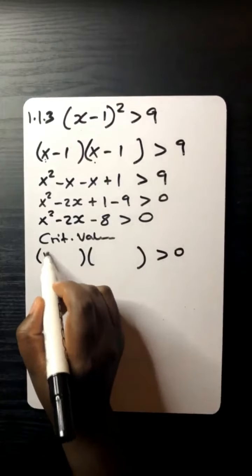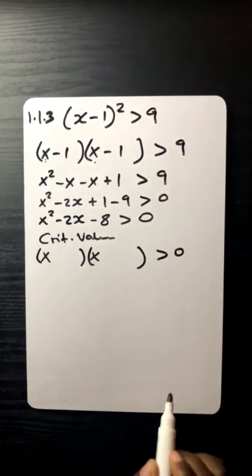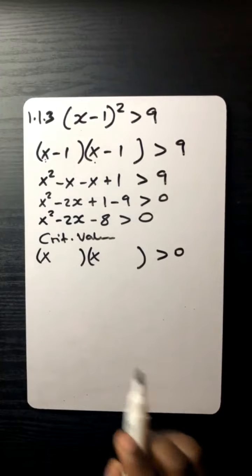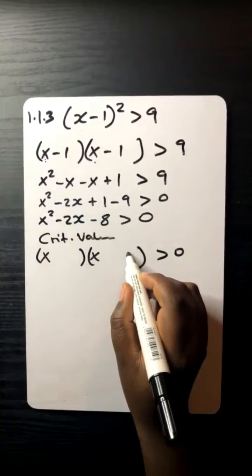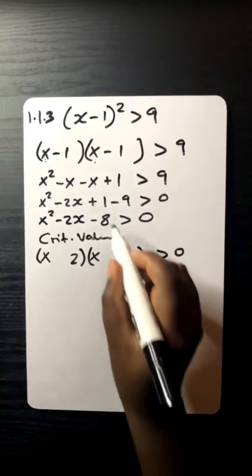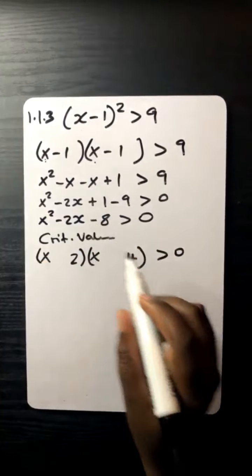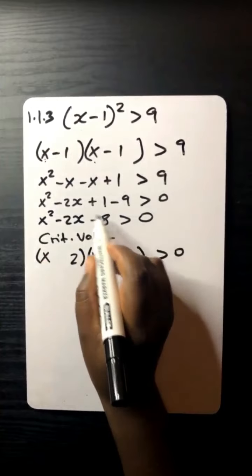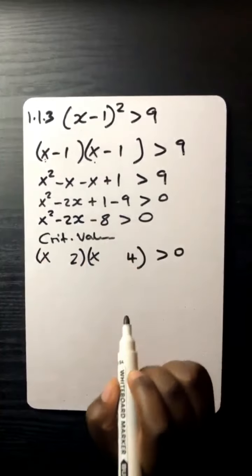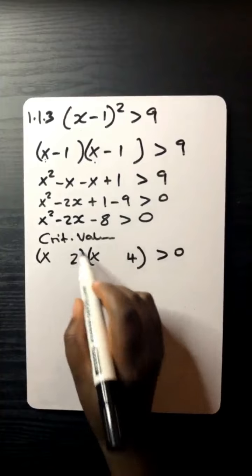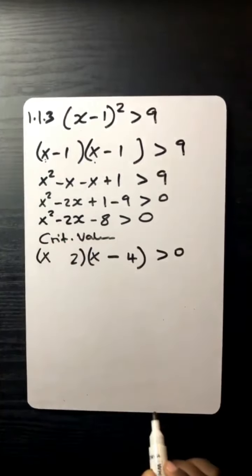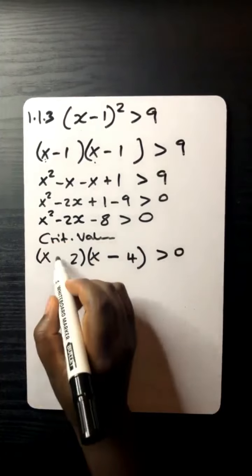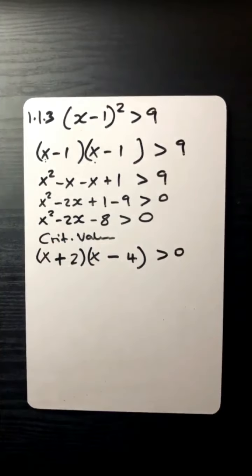And obviously, when we work out that equation over there, we know 4 multiplied by 2 gives us 8. Because there is a negative sign, that's when we say the bigger number between these two takes the sign of the middle term, which means 4, being the bigger number, is negative. Then this has to be positive. Why?